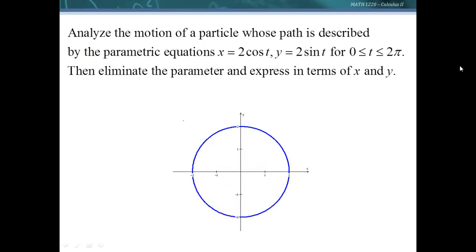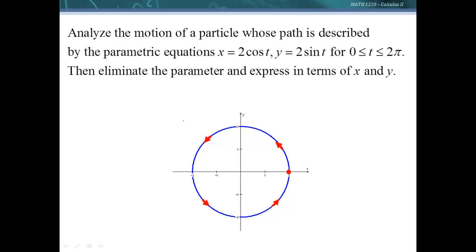We can see that we'd start here, and as we move over here to pi over 2, we would have the x value being 0 and the y value being 2, and so forth as we move around. So it starts here, moves around the circle in this direction. By the time we get to 2 pi, we are back where we started there.